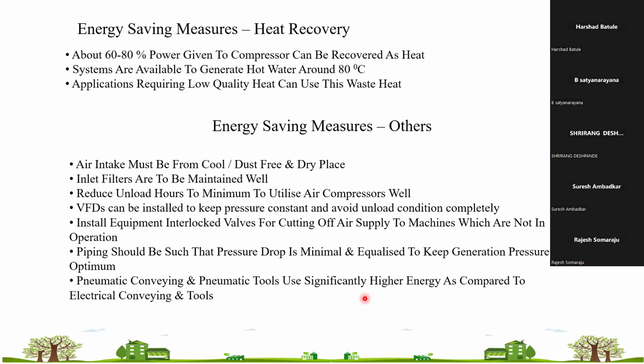To overcome that pressure drop, we need to raise the compressor pressure, and that will consume more energy. So that has to be optimally designed. Your entire network pressure drop should not be more than 0.5 bar. Optimum design is 0.2 bar, 0.3 bar, but not more than 0.5 bar. At whatever length, your pressure drop should not be more than 0.5 bar.